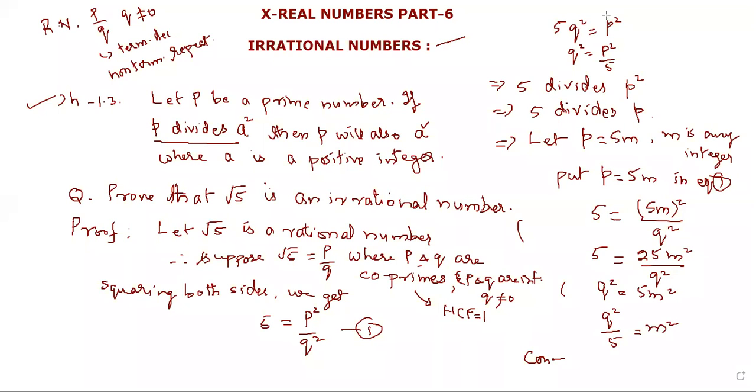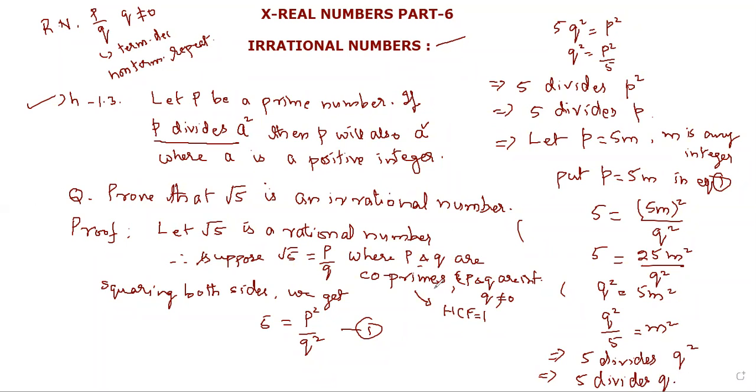We have seen the same thing: 5 divides q square here. Again according to the theorem, 5 divides q square, which implies that 5 divides q.